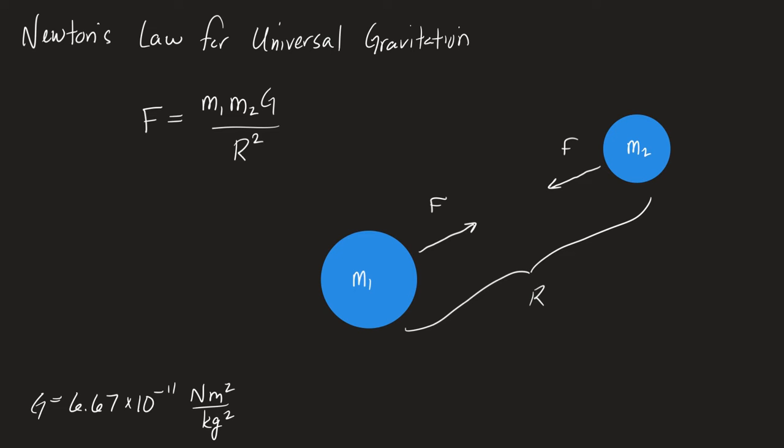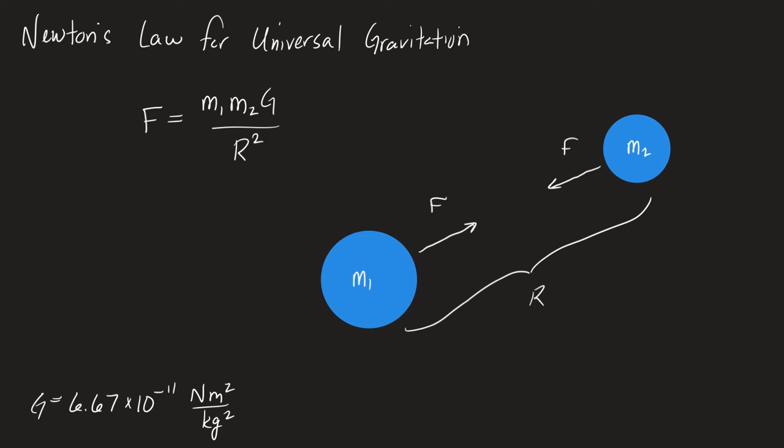So again, you introduce a third object, m3, suddenly you have to use this equation 3 times because there are 3 pairs. There's this pair, and that pair. So Newton's law of universal gravitation becomes very complex the moment you have more than 2 objects. In fact, we will never deal with anything more than the 2-body problem. The 3-body problem is very complicated. But we will deal with the 2-body problem, the force of attraction between any 2 objects.